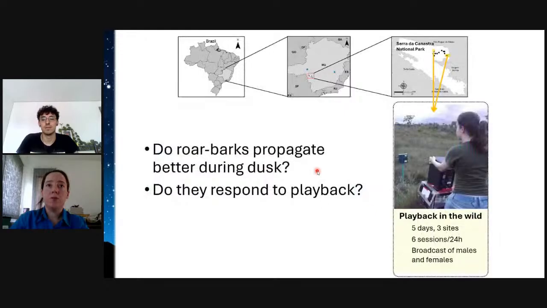And so we conducted the playback not only to see if the maned wolf responded and how they responded, but also to re-record with other recorders, re-record the same sound and see if we could find a difference in propagation.